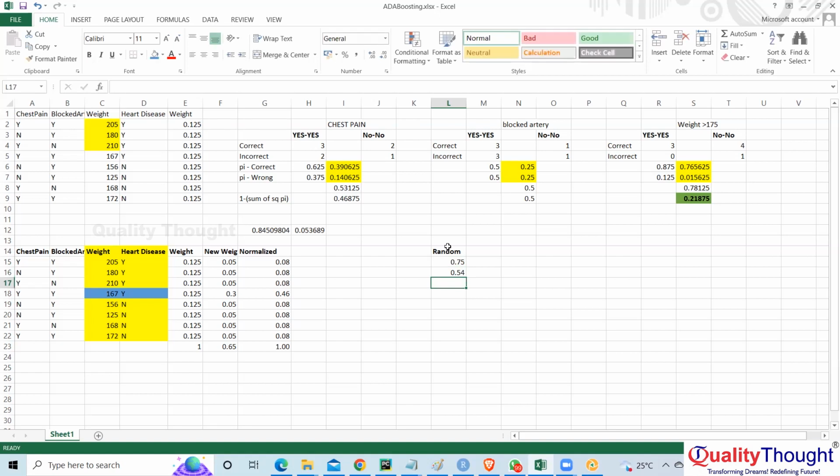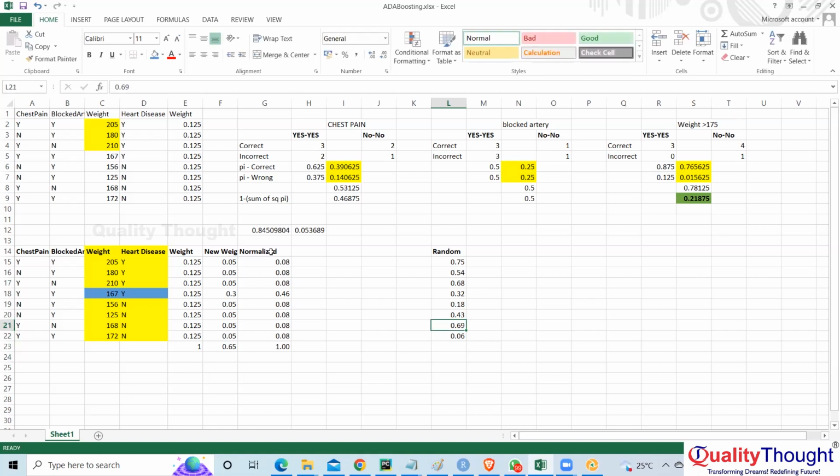Try to make it more random. 0.69, 0.056 something, 0.1 also. 8 done, right? Now these are the random numbers.